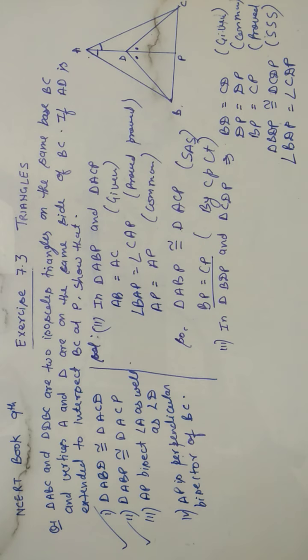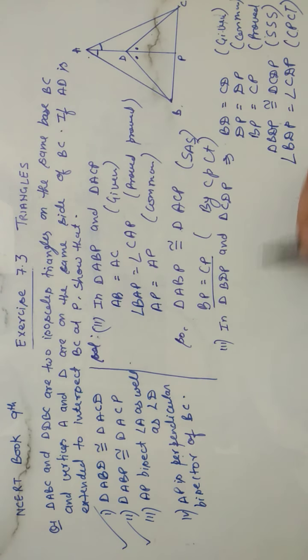So these two angles are equal by CPCT. Now once these two angles are equal, we can say that DP bisects angle BDC, or you can say AP.